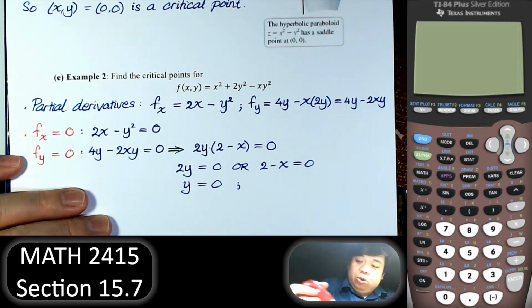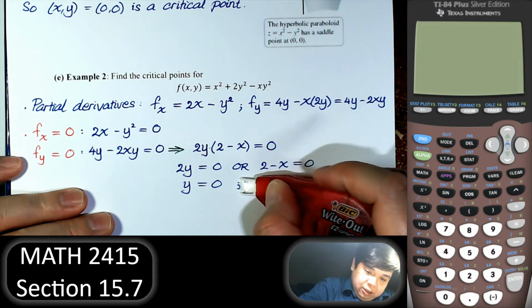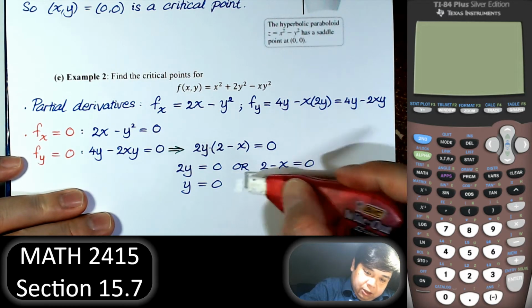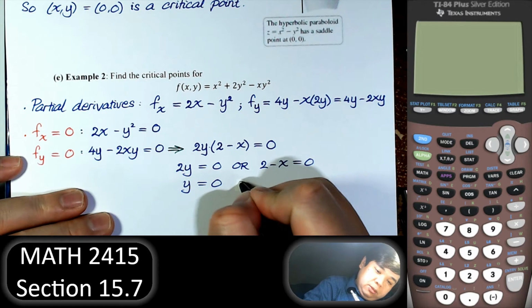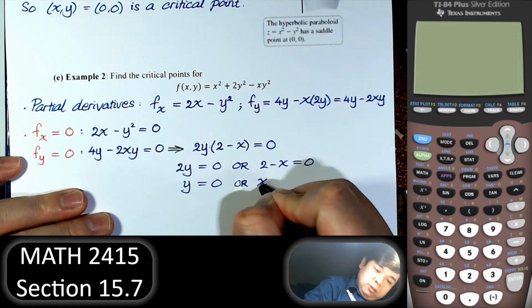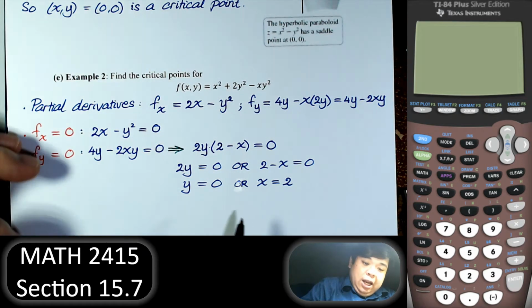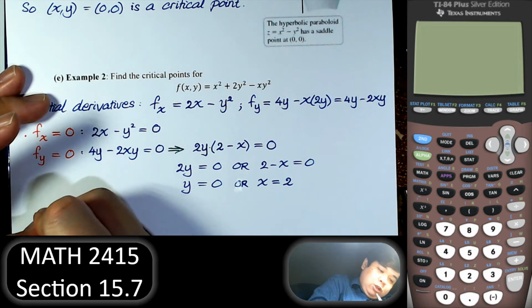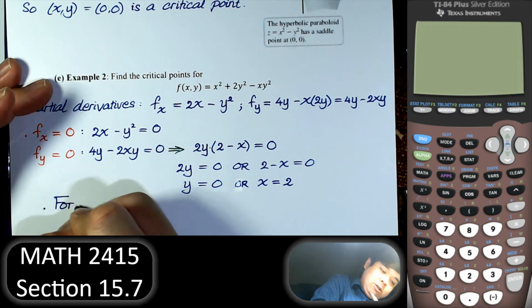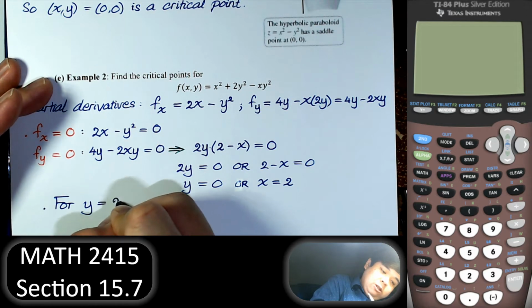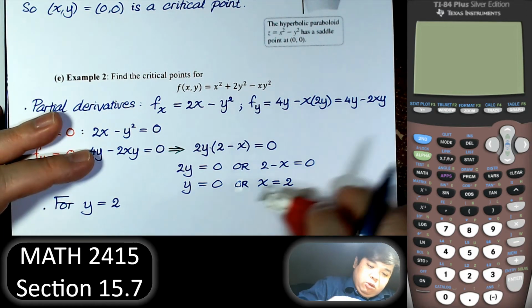Or x equal to 2. So that's good. Now, y equal to 0, sorry.